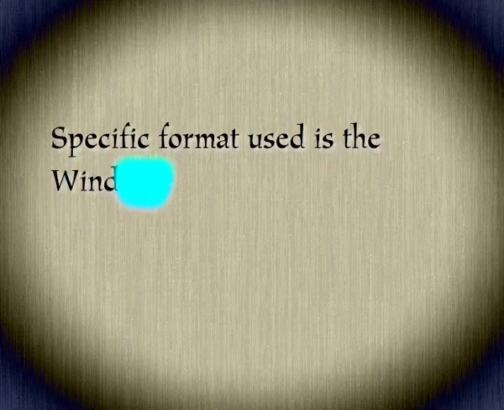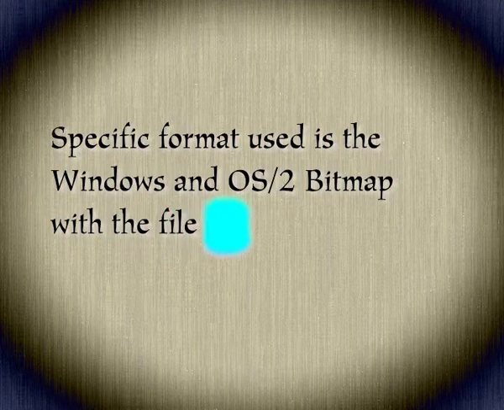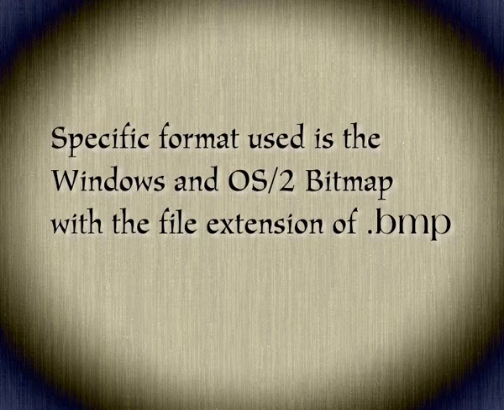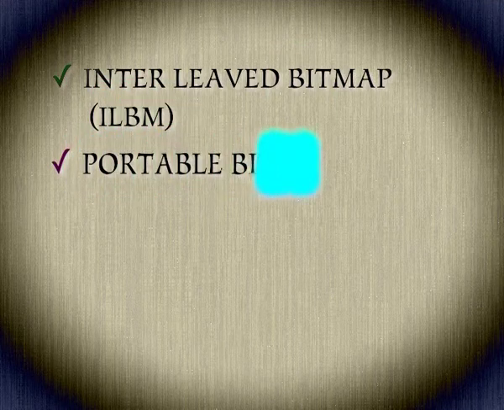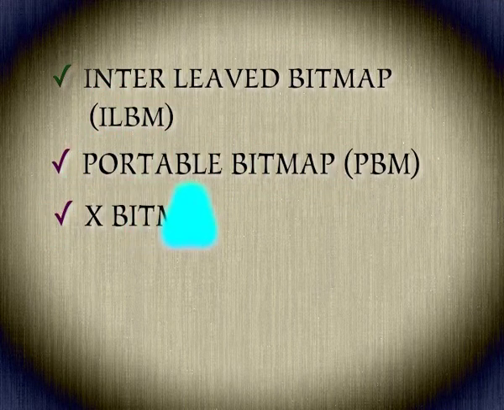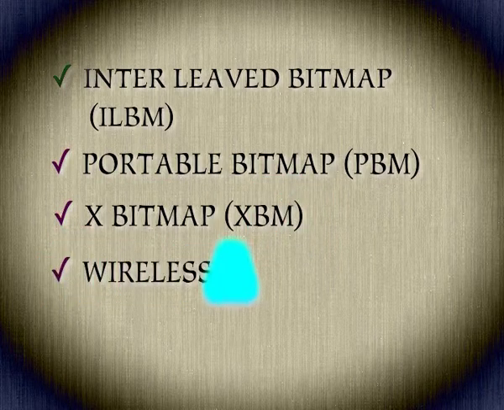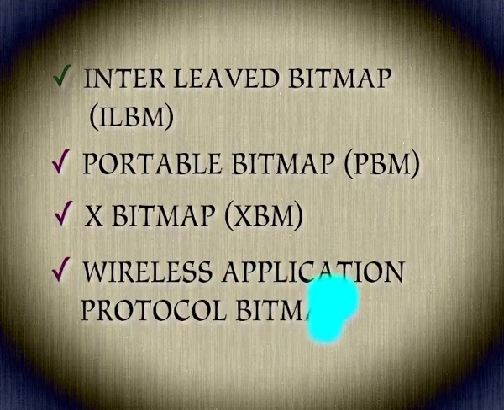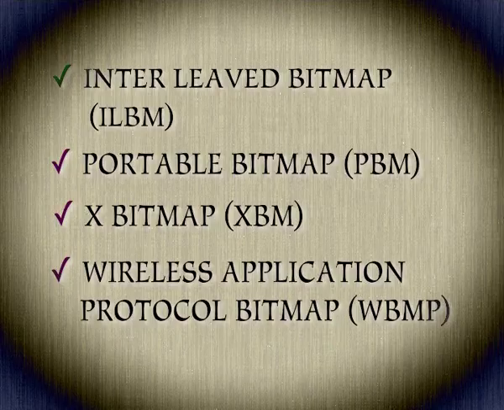For example, the Microsoft Windows and OS/2 platforms' GDI subsystem, where the specific format used is the Windows and OS/2 bitmap file format, usually named with the file extension of .bmp. Besides BMP, other file formats that store literal bitmaps include interleaved bitmap, ILBM, portable bitmap or PBM, XBitmap, XBM, and wireless application protocol bitmap, WBMP.